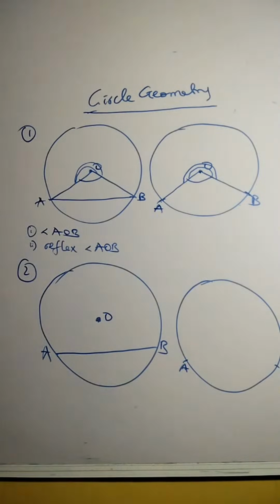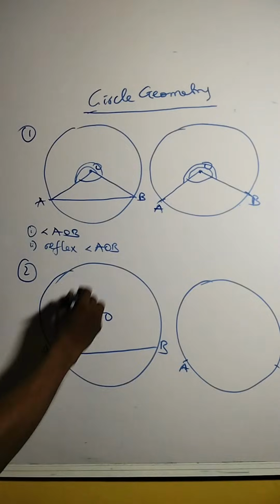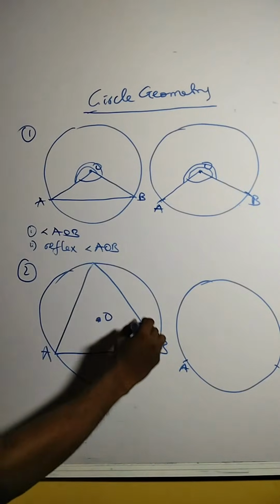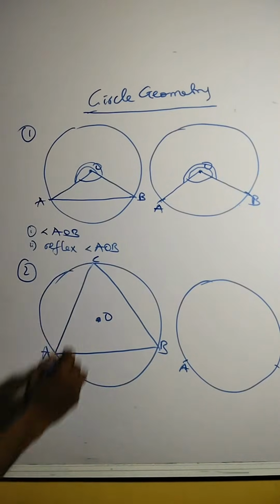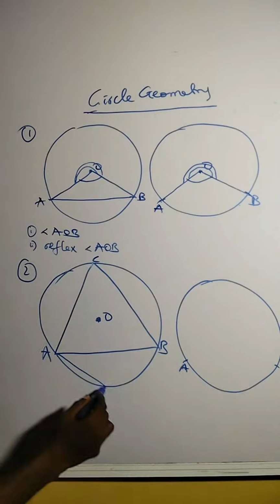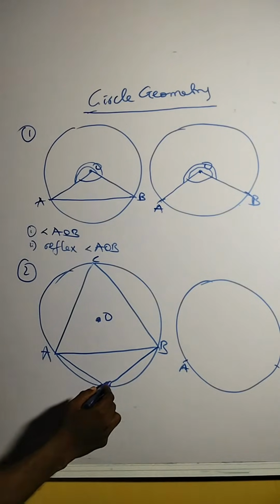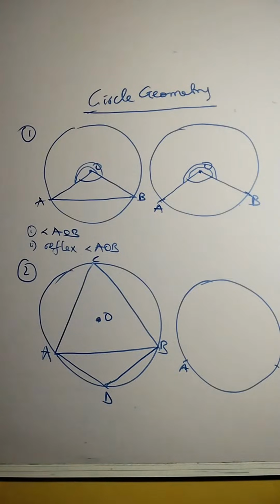This can subtend two angles at the circumference. It can form one at this side, which we label as C. Also, we form one at this side, and we label this as D.